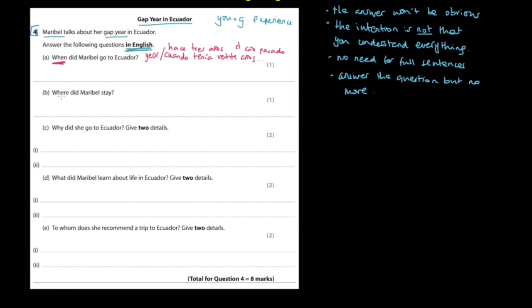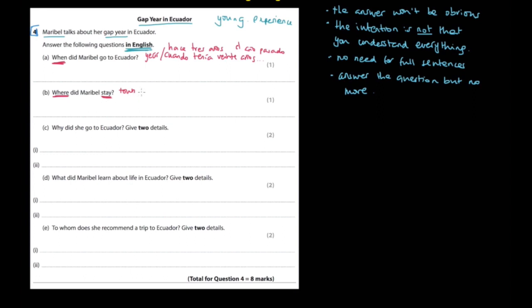Next question: where did Maribel stay? So the keywords are where and stay. I don't want to know the city where she went. I want to know where she stayed. Could the answer be the name of a town? Unlikely. Generally speaking, the answers looked for in these questions are not names of people or names of towns.